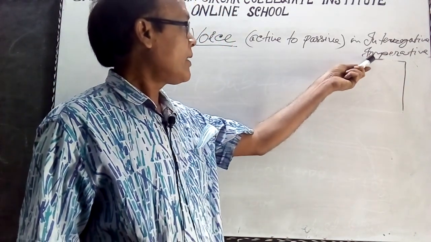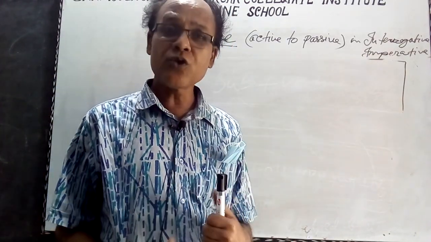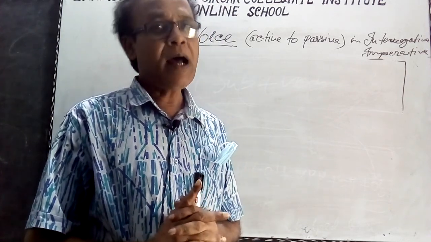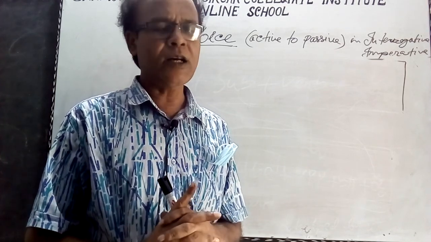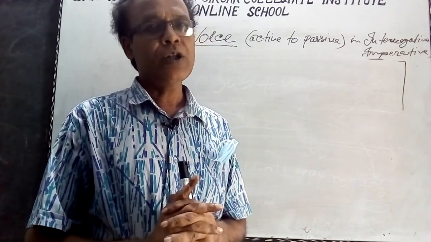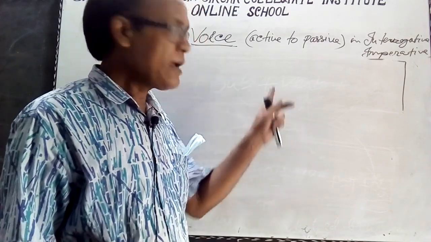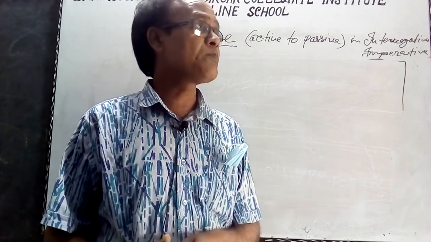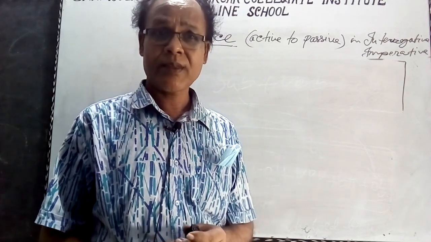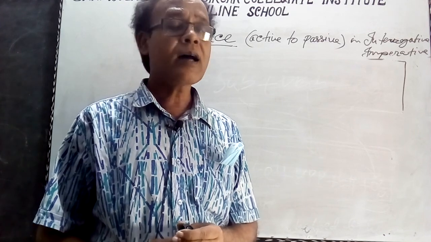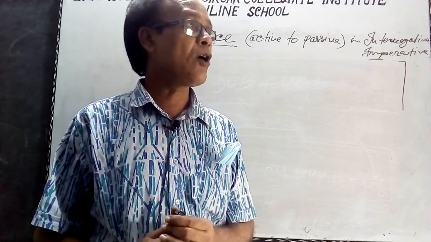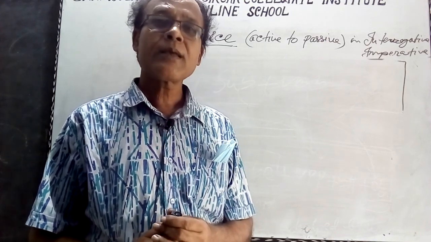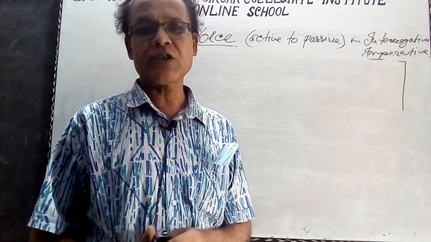If the sentence begins with who, the passive begins with by whom, and the other rules will be the same according to the rules of voice. And in an imperative sentence, if the sentence begins with a verb, we must begin with let, and after the object there will be be, and the verb will be in the past participle form.